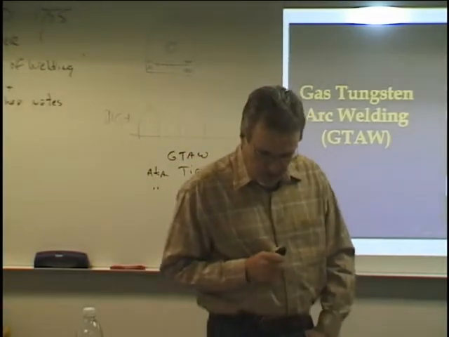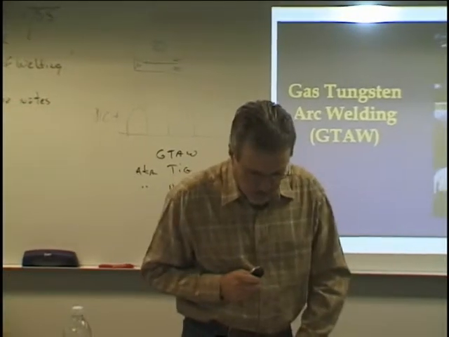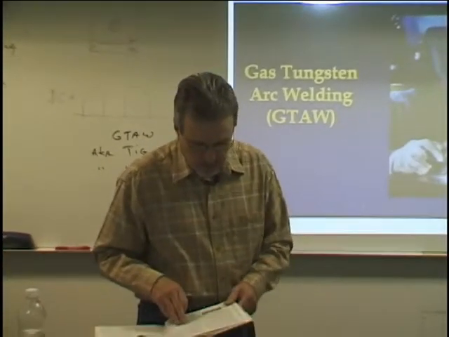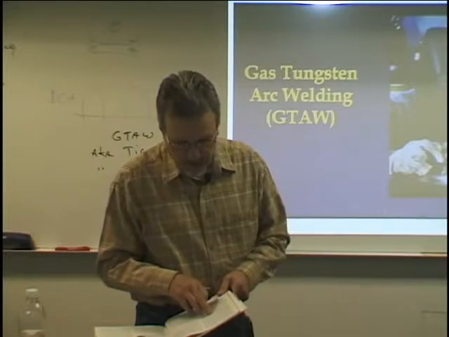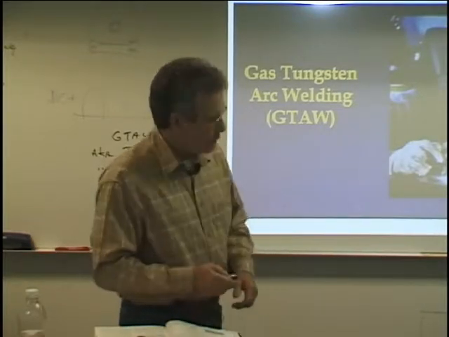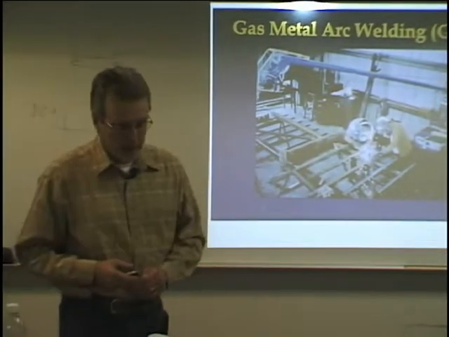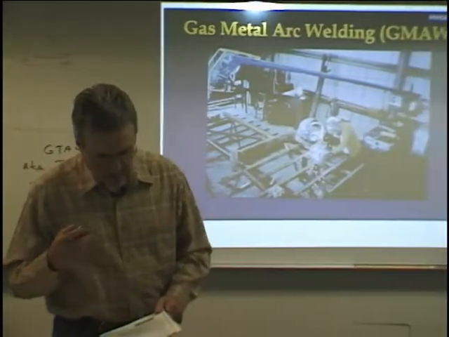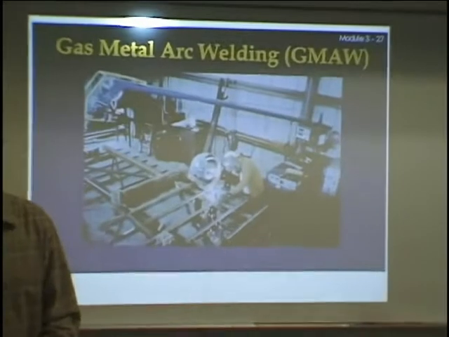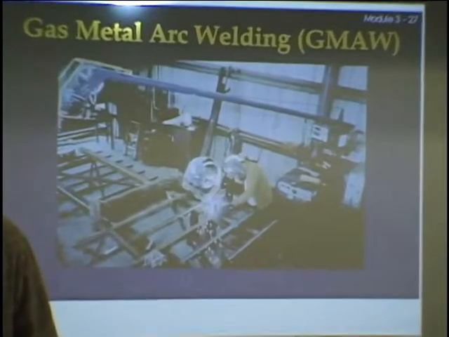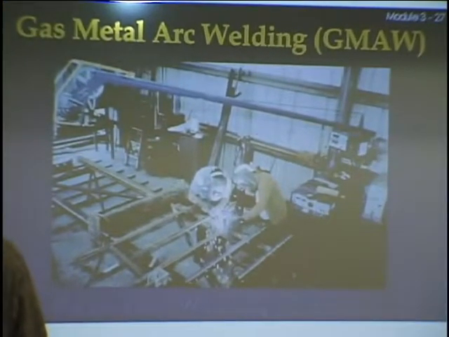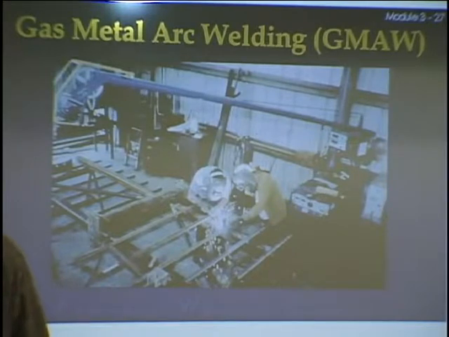In my book, I have to switch the page, but I'm reading now from the paragraph that begins in 1948. The U.S. Patent Office issued a patent for the gas metal arc welding process. Gas metal arc welding. Okay, so that was developed in 1948. They also call it GMAW.